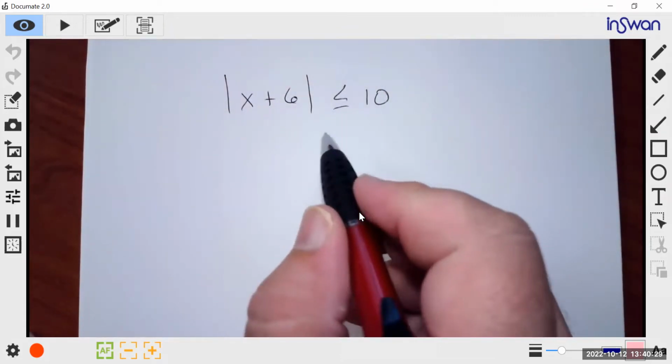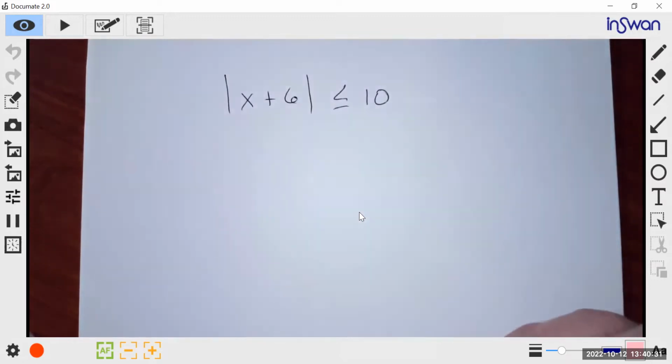Since it's less than or equal to, I'm going to drop the absolute value, what happens?